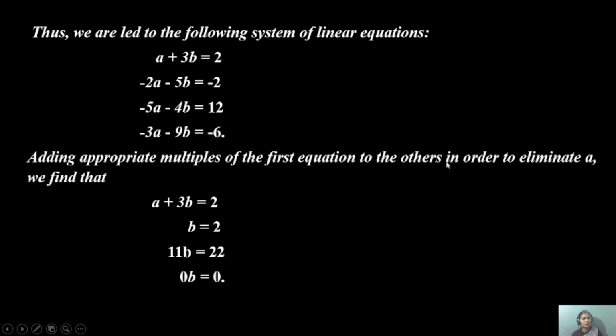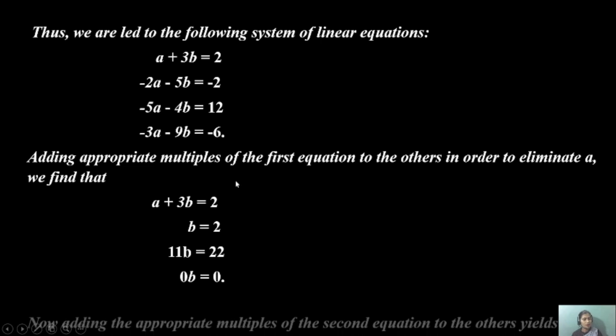Adding two appropriate multiples to eliminate a, we get a plus 3b equals 2. Okay, this will eliminate the values, and all the values will be generated to the form minus 2 is 0, considering both of these equations.